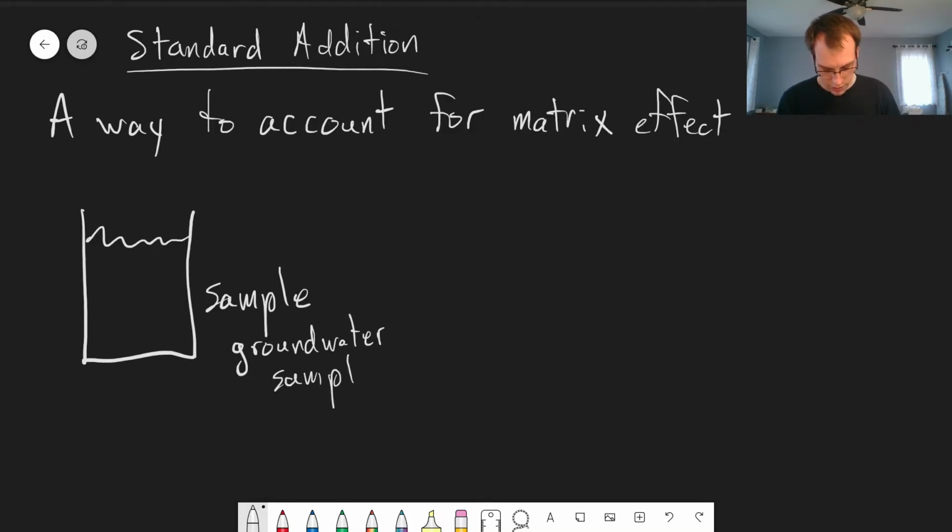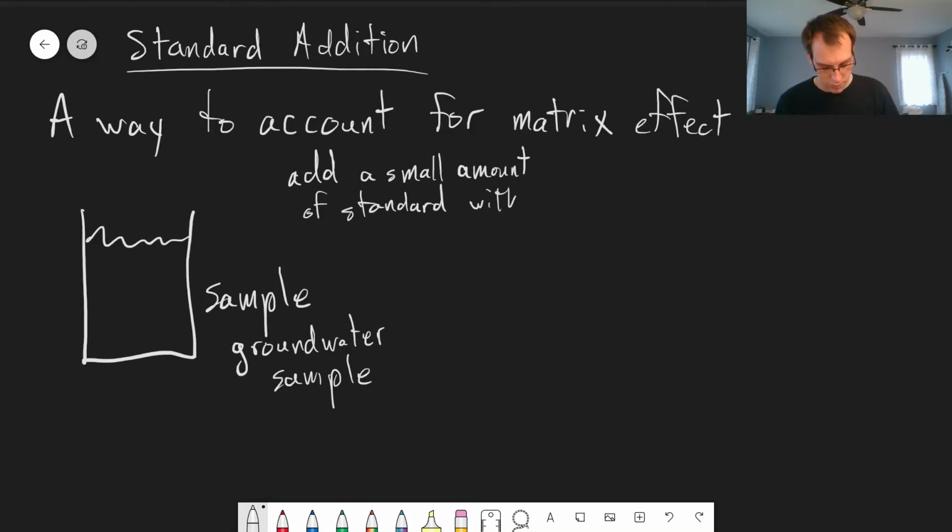Similar to what we saw in the slide. And what we do is we add a small amount of standard, hence the name standard addition, add a small amount of standard with known concentration.